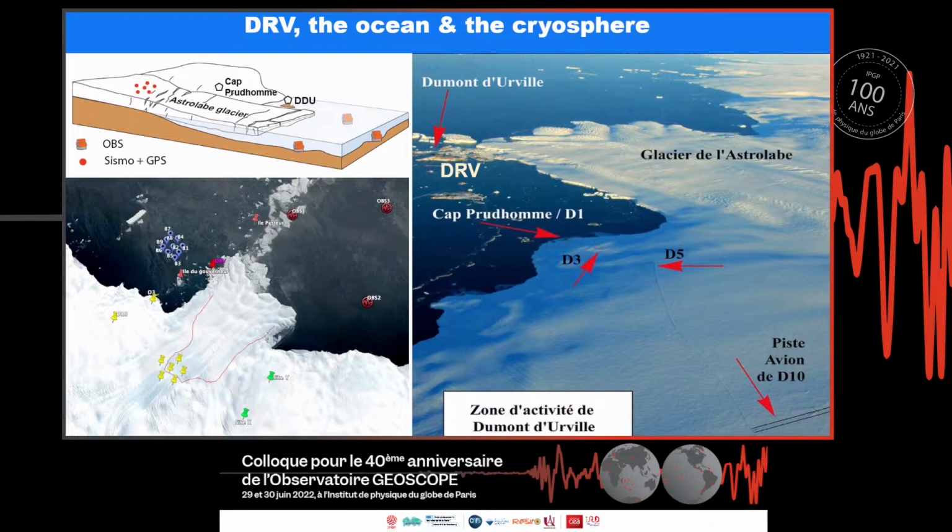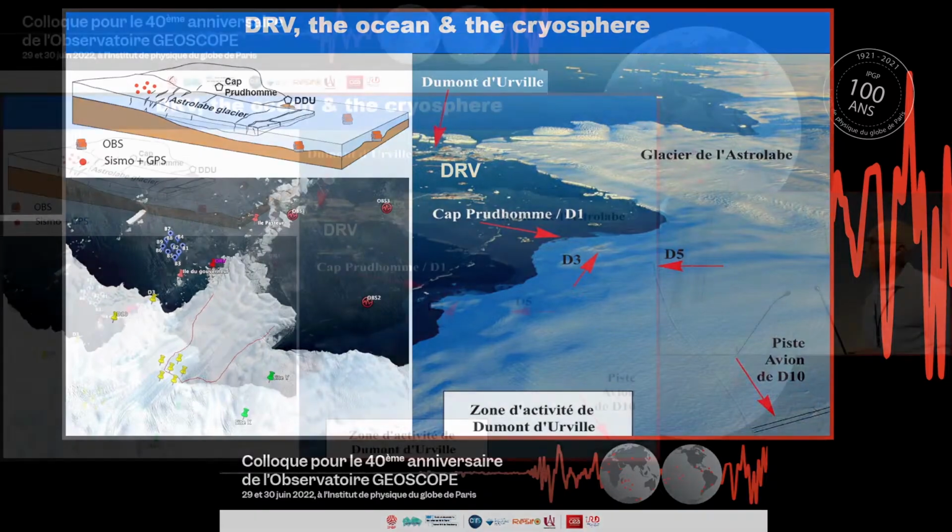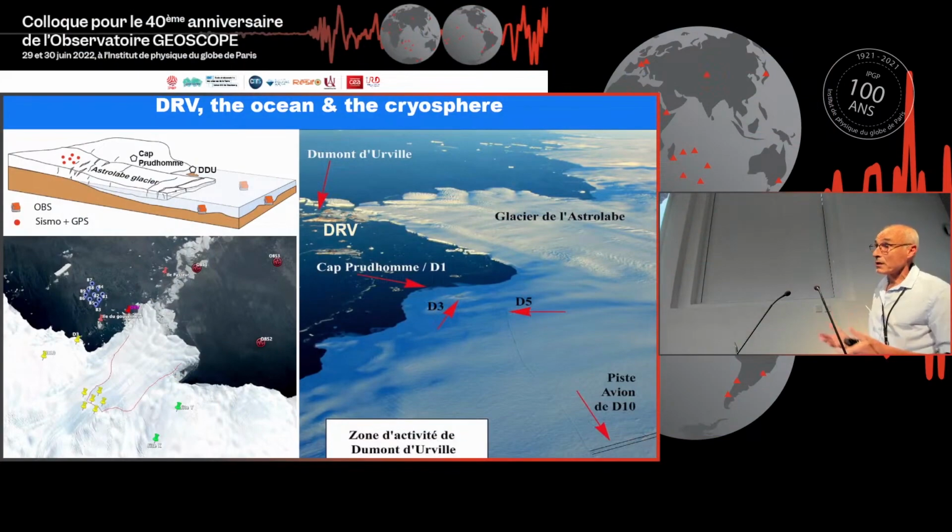The Astrolabe Glacier flows from the ice cap toward the ocean, and the idea is to monitor the interaction between this flowing glacier and the ocean, particularly the warming ocean, in order to see the effect of the changing climate on the dynamics of the ice in this area.